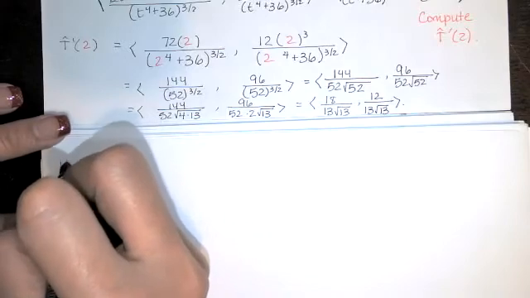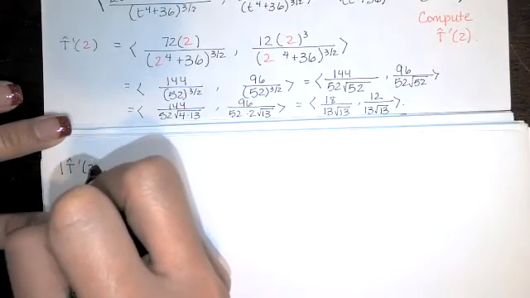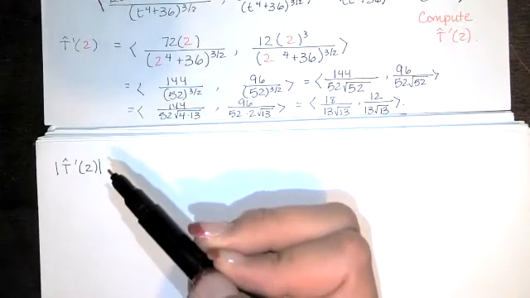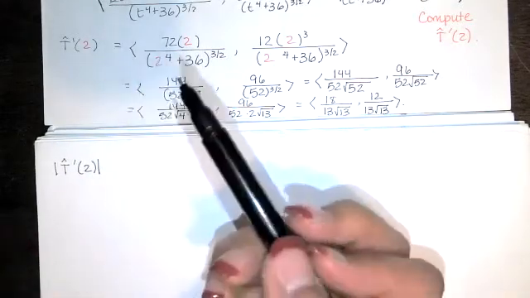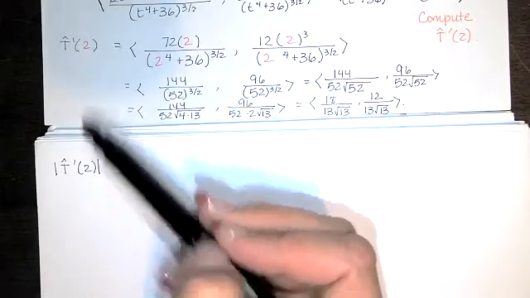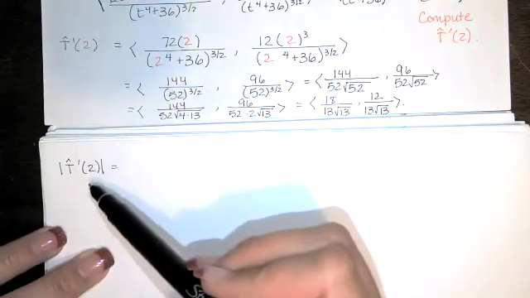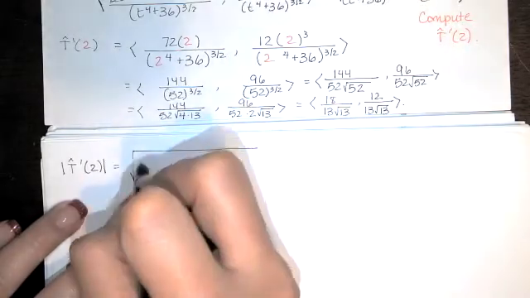Okay. Now, n hat is this vector divided by its magnitude at any value of t. So n hat at 2 will be this vector at 2 divided by its magnitude, or t hat prime at 2 divided by its magnitude. And so we'll find the magnitude of this vector now.